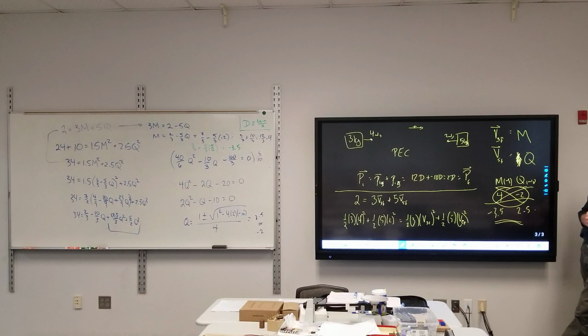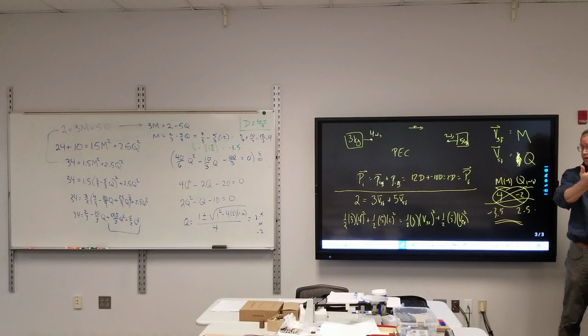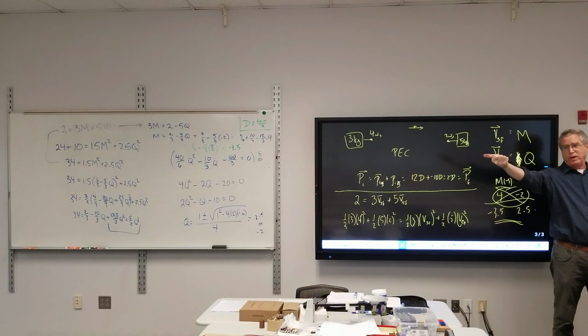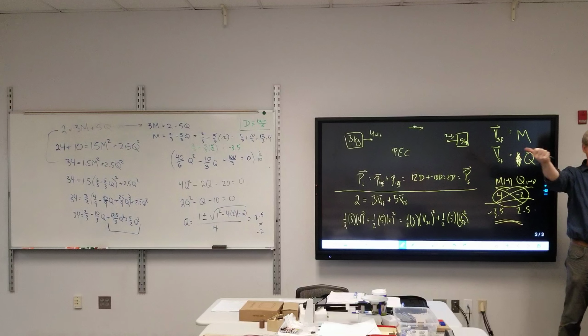So the -3.5 and 2.5 is if those two things were to collide. They also end up bouncing off each other. After the collision, the 5 kilogram mass is going this way at 2.5 meters per second, and the 3 kilogram mass is going that way at -3.5.